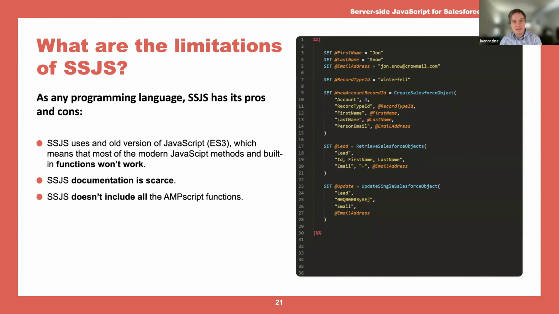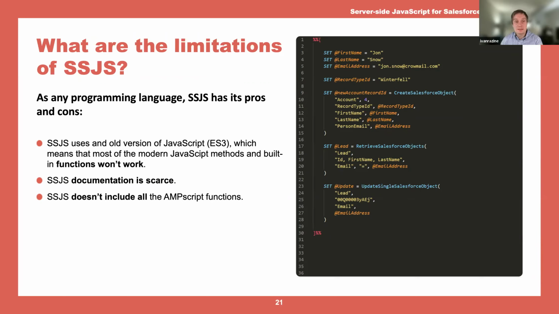Again, what I said previously, server-side JavaScript doesn't include all the Ampscript functions. Normally you should be able to use the same functions as in Ampscript, because Ampscript by default is inferior since it's not a real programming language.